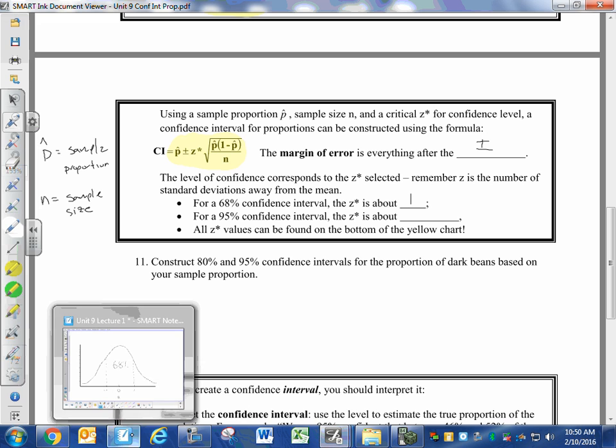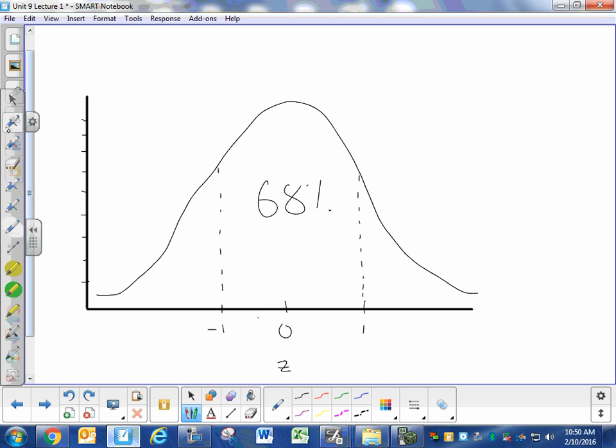Now, if I went 2 standard deviations away from my mean, what percentage of my data would be within that? Yeah, remember that's 95. Actually, that is more of an approximation than we would think.